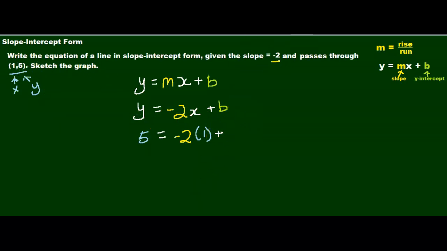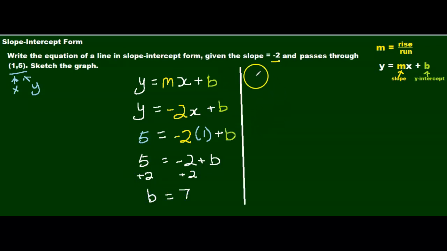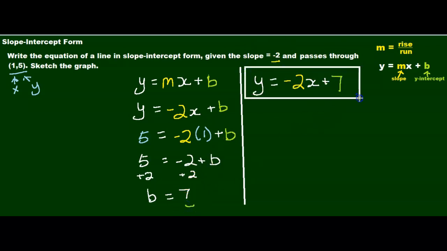And I have my plus b, the y-intercept that we're trying to find. Simplify. 5 equals -2 times 1 gives me -2 plus b. A plus 2 on both sides. My b equals 7. Therefore, I can say that my y equals -2x plus, what's my b? My b we found is 7. And this is the equation of the line.